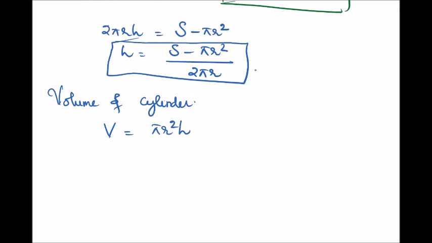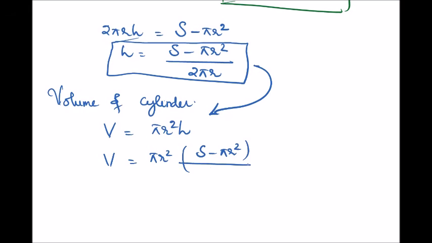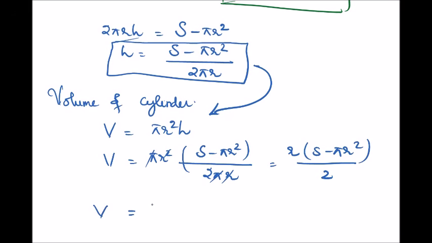Now substitute the value of h here. We get V is equal to pi r square into S minus pi r square divided by 2 pi r. Here pi and pi cancel, r and one r cancel. So we can write r into S minus pi r square divided by 2. That is, we can rewrite it V is equal to S r minus pi r cube divided by 2.